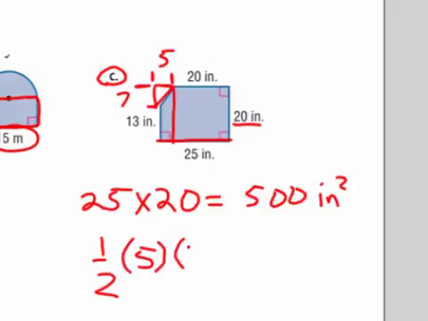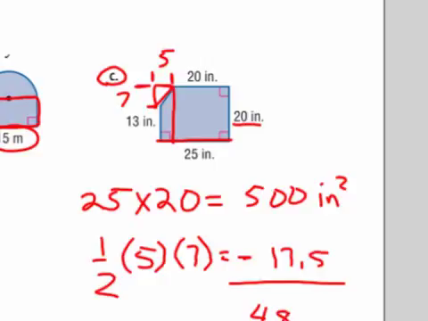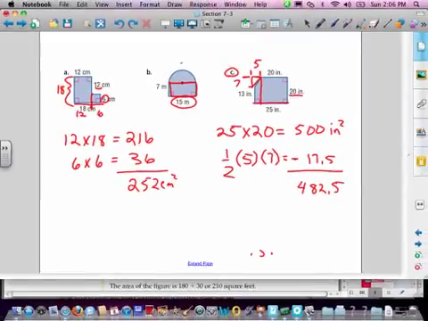It doesn't really matter which one you use. So 1/2 times 5 times 7, 35, divided by 2, 17.5. So now if I subtract that out, I would get 482.5 square inches.